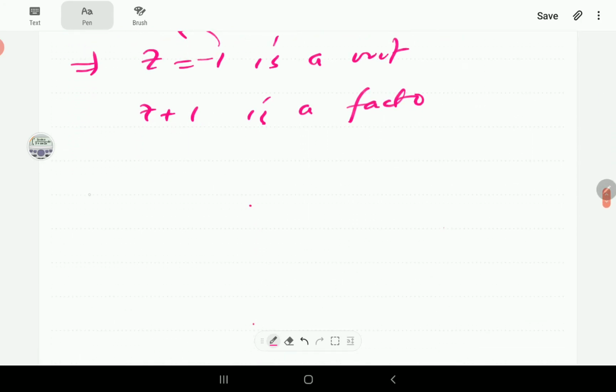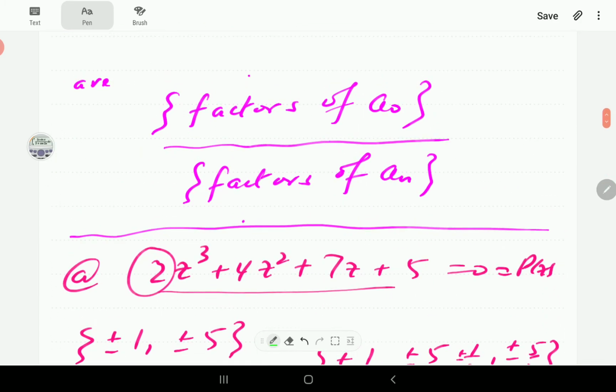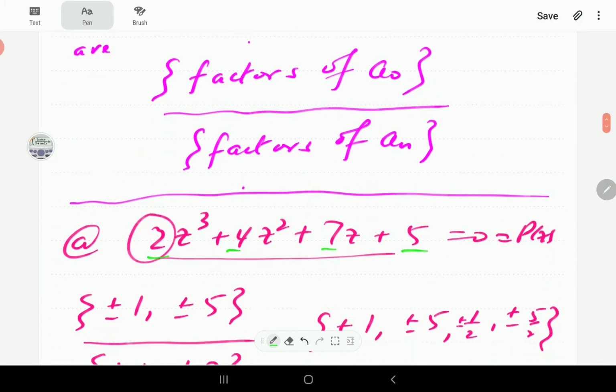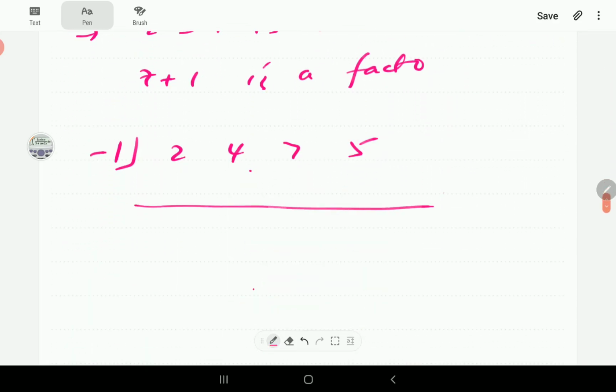If we do that using synthetic division, we have 2, 4, 7, 5, which are the coefficients of our polynomial. Bring down 2 here, multiply by negative 1. This last one of course is the remainder.